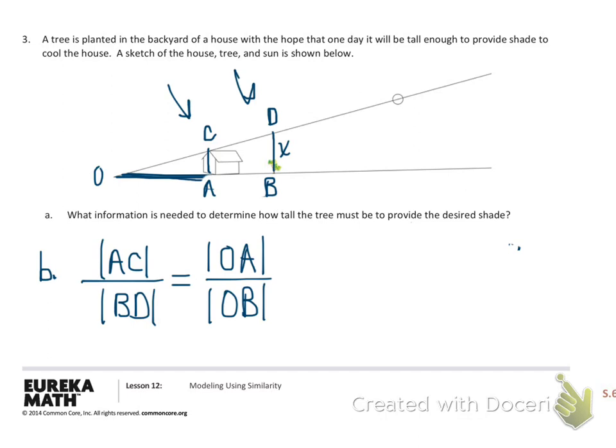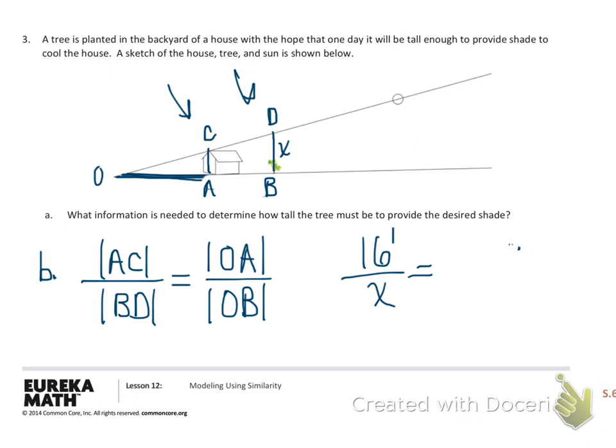So according to part B, the height of the house is AC, and it is 16 feet. So I have this ratio, 16. BD is the height of my tree. That's my unknown. And then OA is the length of the shadow of the house.